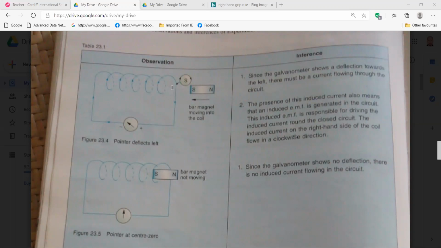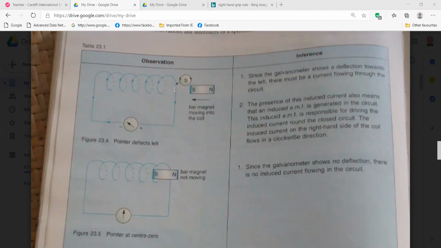Okay, so in our last class, when I was explaining Aisha's question about AC and DC, I told you that Lenz's law is the basis of AC, alternating current. Look here, when we are taking the magnet towards the coil, we are getting the current in one direction.